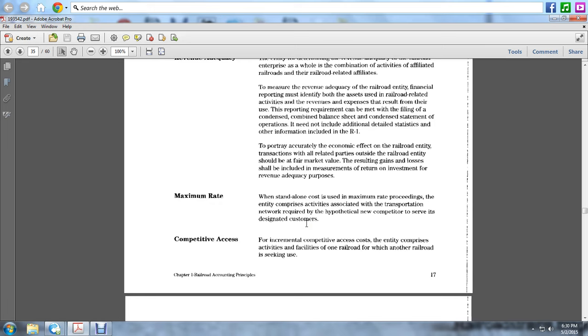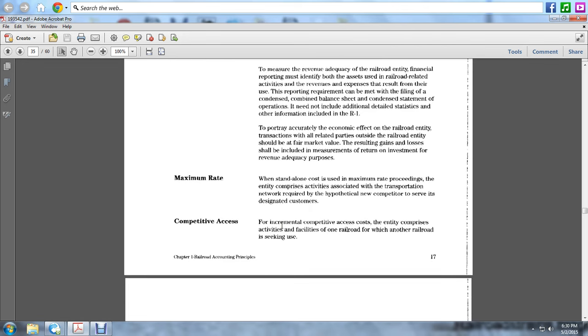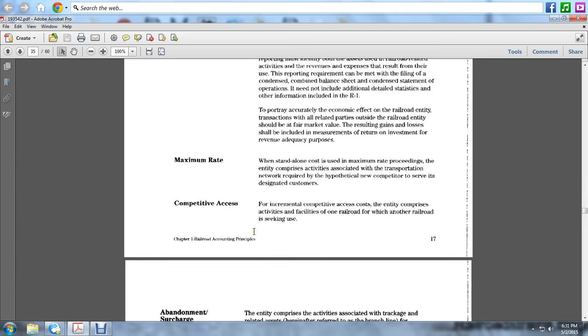Stand-alone cost of the maximum rate: the entity comprises the activity associated with the transportation network required for the hypothetical new competitor to serve its designated customers. Competitive access application: the entity comprises the activities and facilities of one of the railroads which another railroad is seeking to use.